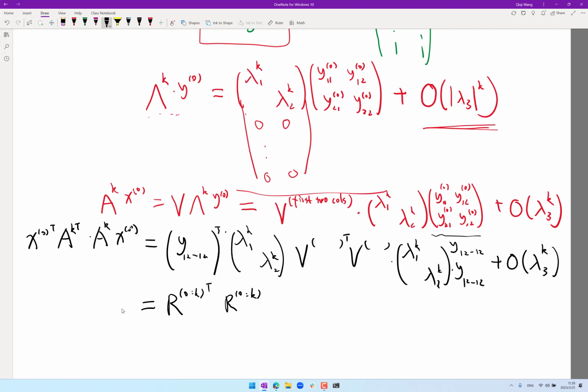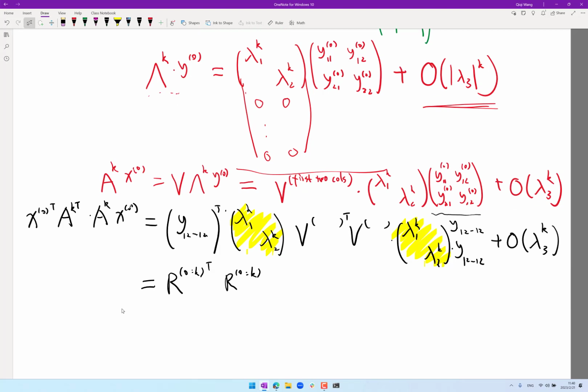The determinant of the left-hand side is equal to the product of the determinants. And the only part of the determinant that actually changes with K is this part and this part. As K increases, the determinant of the remaining parts, no matter if it's part of the V or part of the Y's, don't change. So only the determinant of this changes as a function of K.